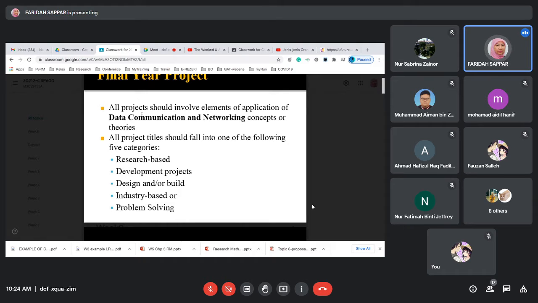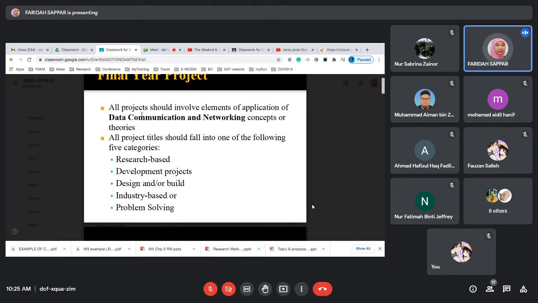saya rasa ramai yang tak ada buat design or build. Yang kita ada to design, macam to develop, macam tu ya? Macam design ni basically you buat conceptual, you buat framework sahaja. Kalau development tu memang you akan set up, you buat server semua, all those complete the integrations of all those hardware dengan software.